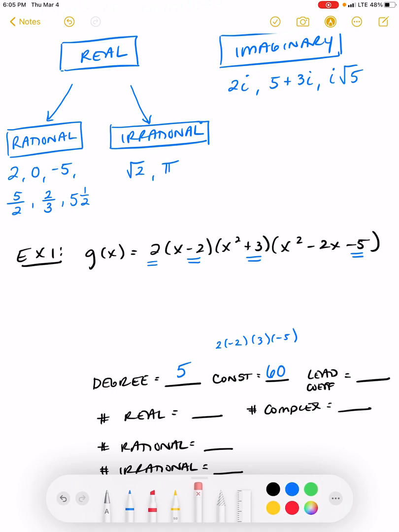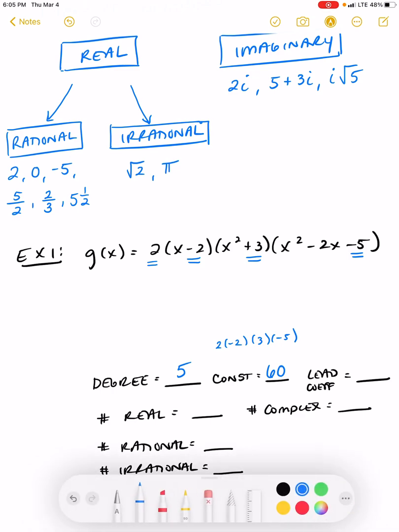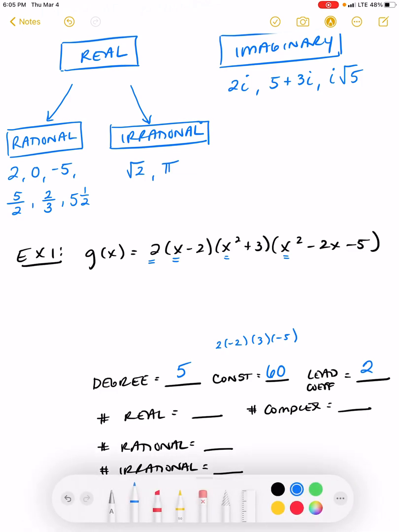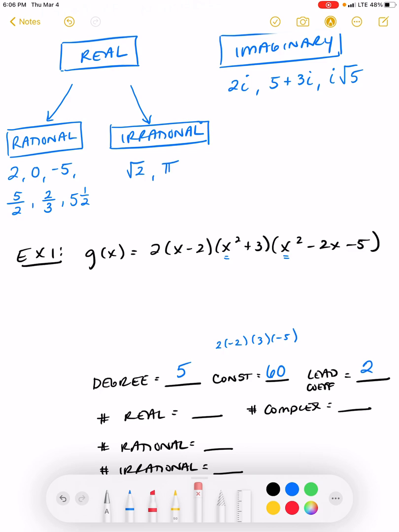The leading coefficient is the result of multiplying all of the first terms. We don't need the middle terms, but if we take x times x squared times x squared and multiply by the 2 out in front, the leading coefficient is 2. It just so happens that the constant term and the leading coefficient are particularly important.